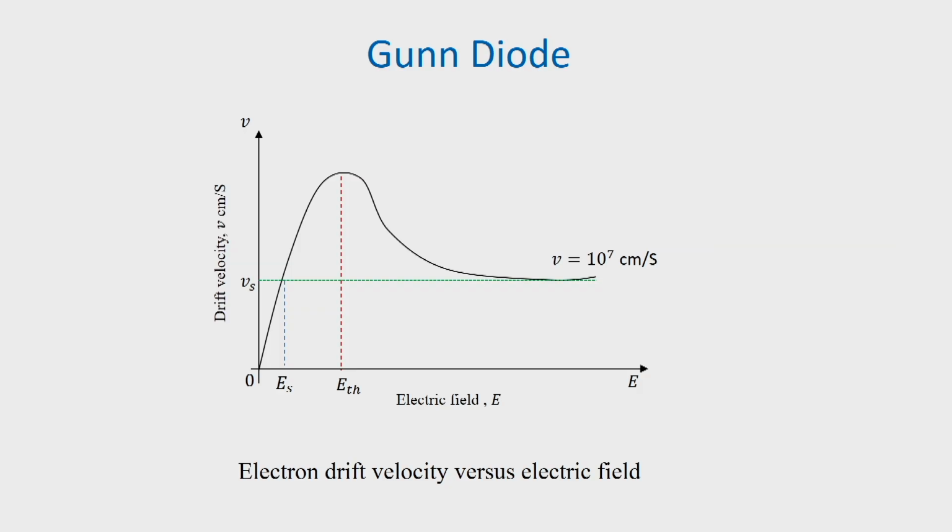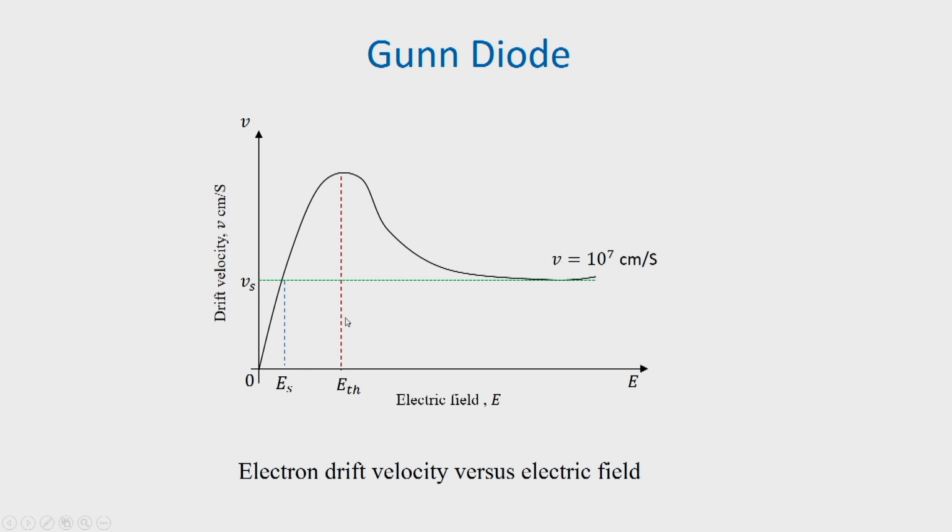Here we can see that if we draw a line, we essentially have drift velocity at 2 points, but the difference is that here it is in the higher mobility region, here it is in the lower mobility region.